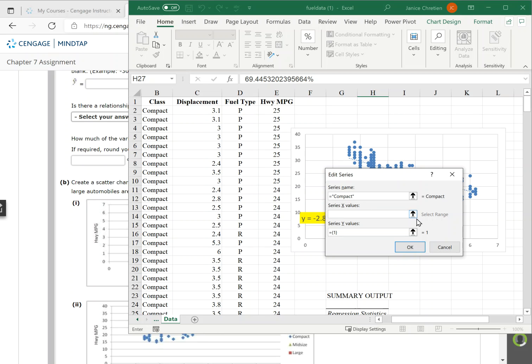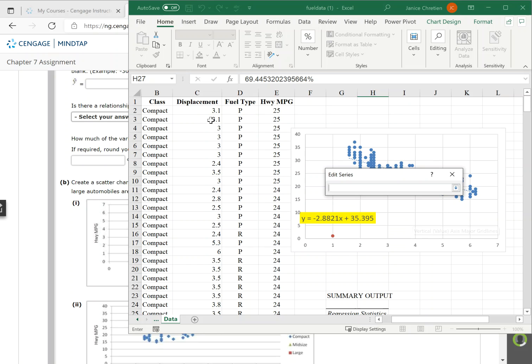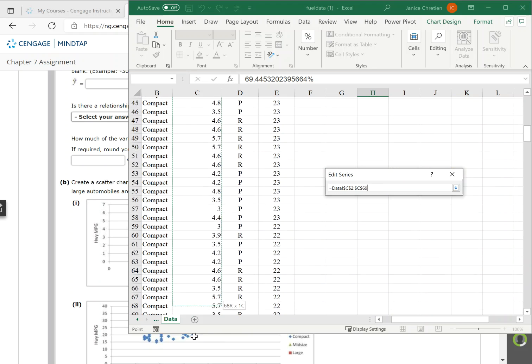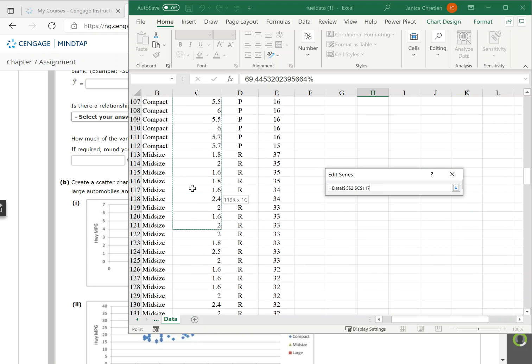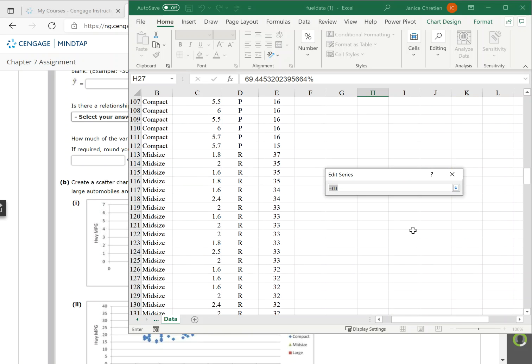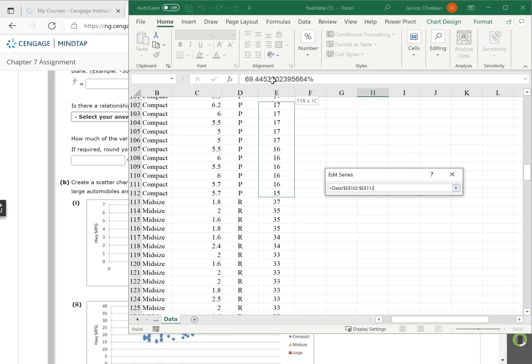My X series is going to be displacement, but only for the compact cars. And then my Y series is going to be miles per gallon, but only for my compact.